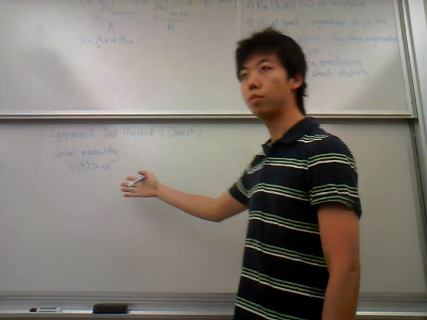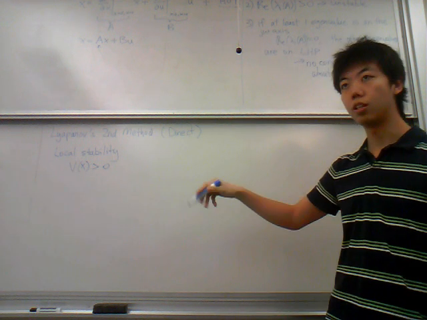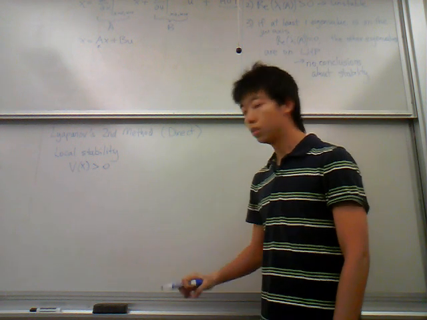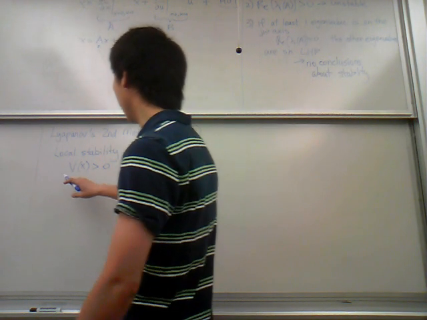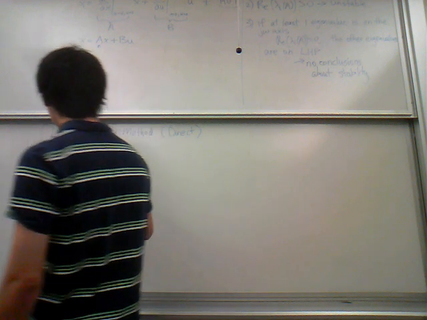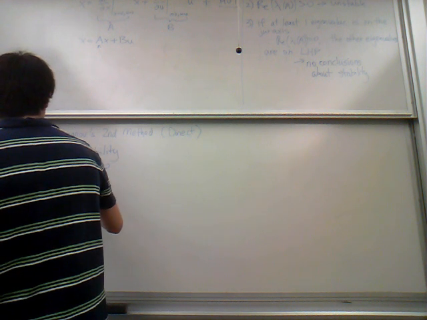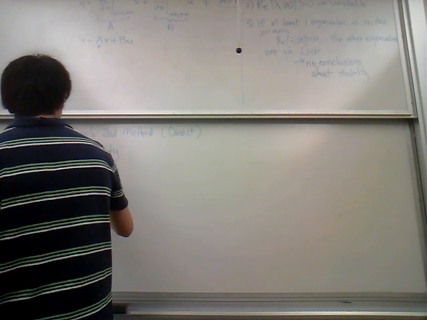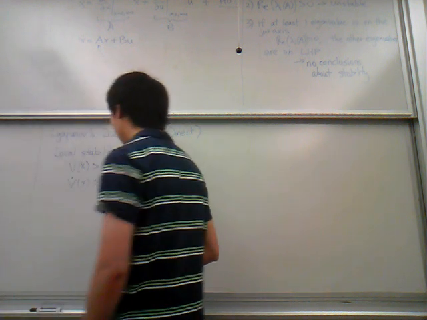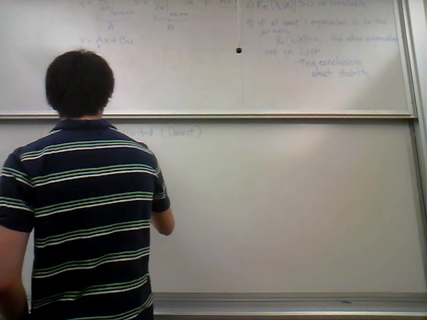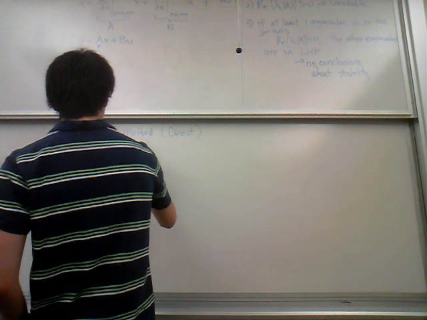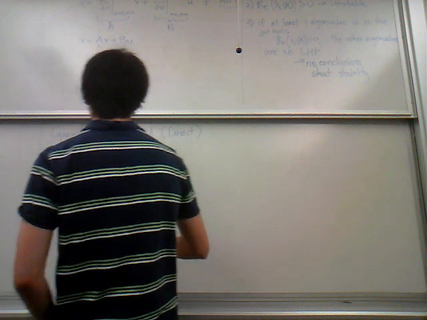It just means that it's positive everywhere except at the origin, and it's 0 at the origin. So if V is positive definite and V dot is negative semi-definite, this means that we are stable in the sense of Lyapunov.